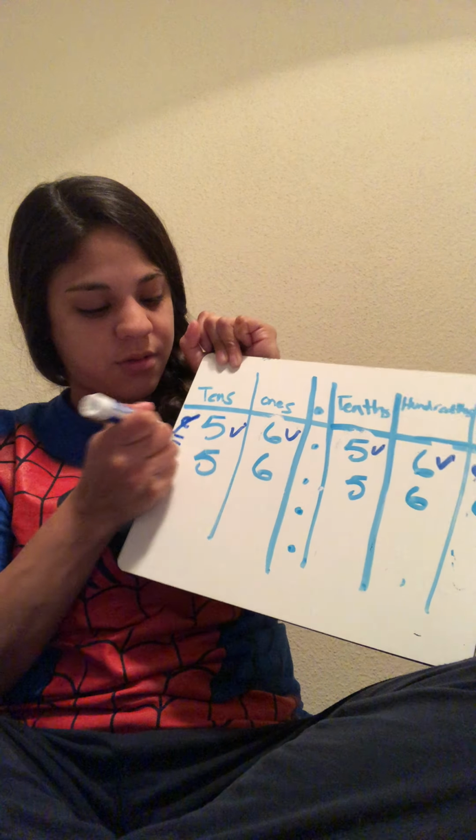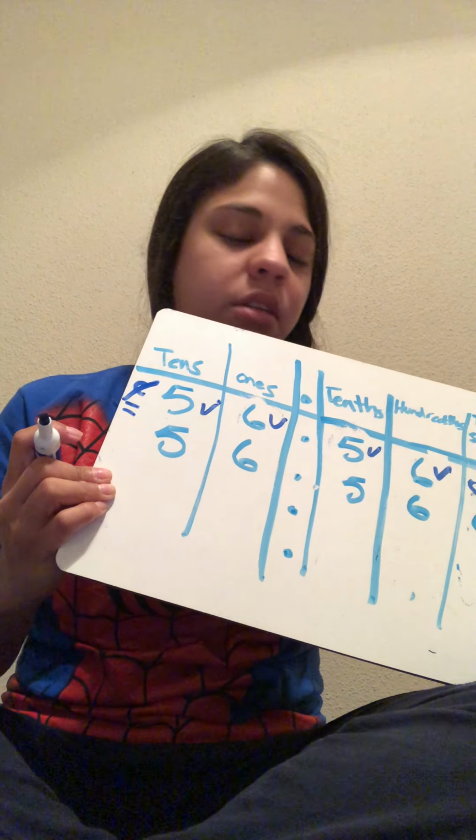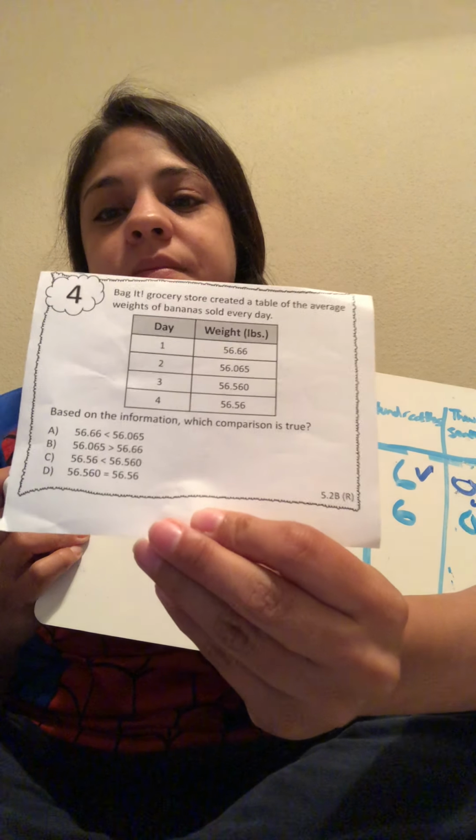And this one is telling me that 56 and 560 thousandths is greater than the top number. So I'm going to look at my numbers again. These are both 5s. These are both 6s. These are both 5s. These are both 6. Uh-oh. So then what should I have here? Well, then I should have a 0 here, which tells me that these are equal. No one's greater than the other one. They are equal. So my answer for C is also wrong because it says that one is greater than the other.